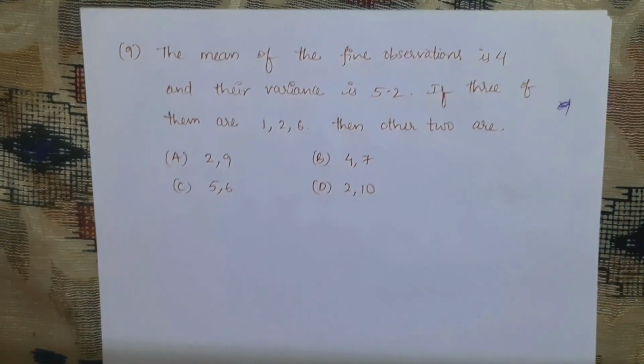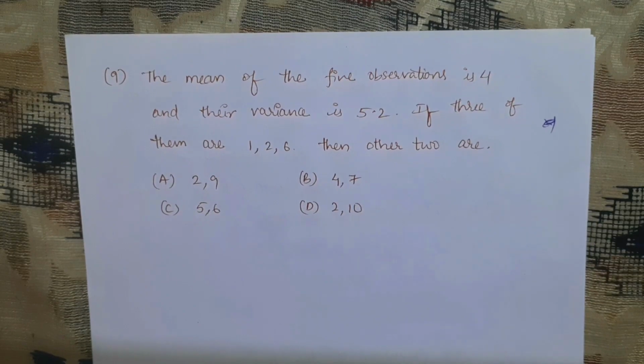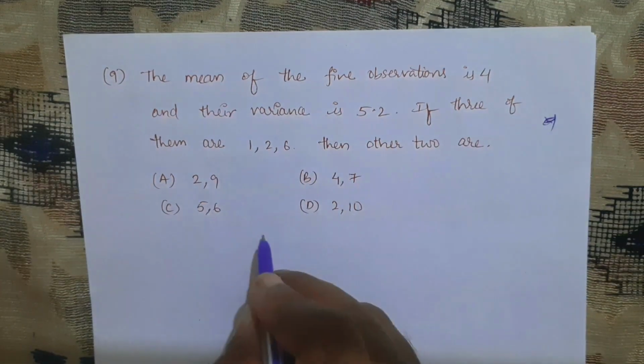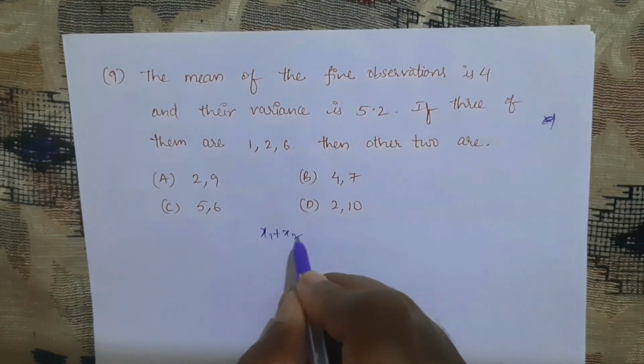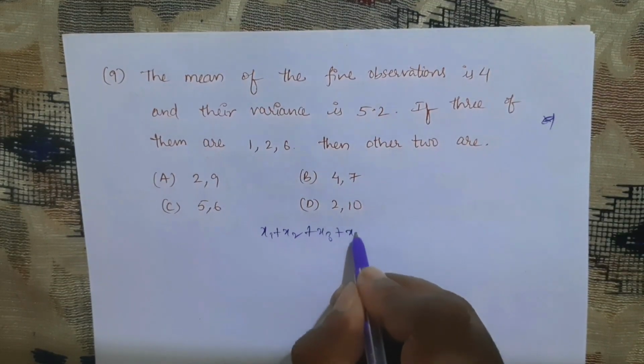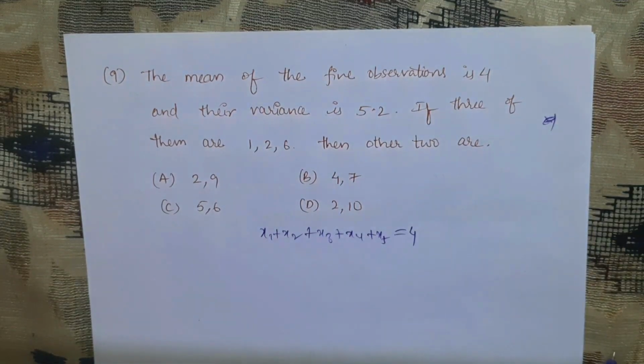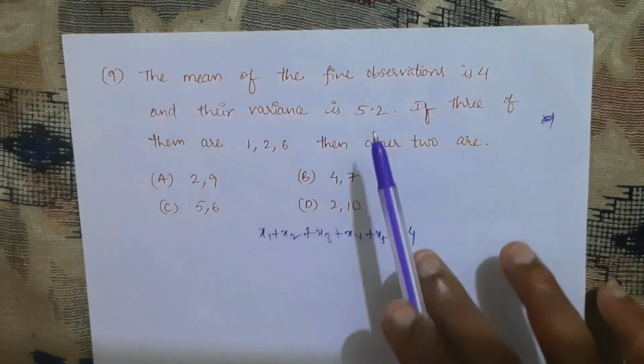Now coming to the next question. The mean of 5 observations is 4, like x1 plus x2 plus x3 plus x4 plus x5 divided by 5 is equal to 4. That is the first line's meaning, and their variance is 5.2.